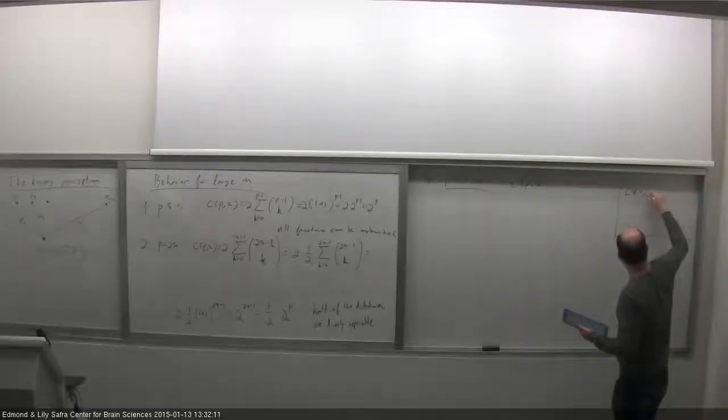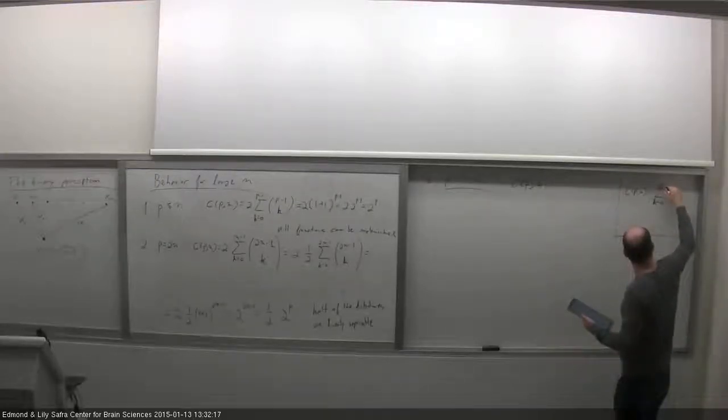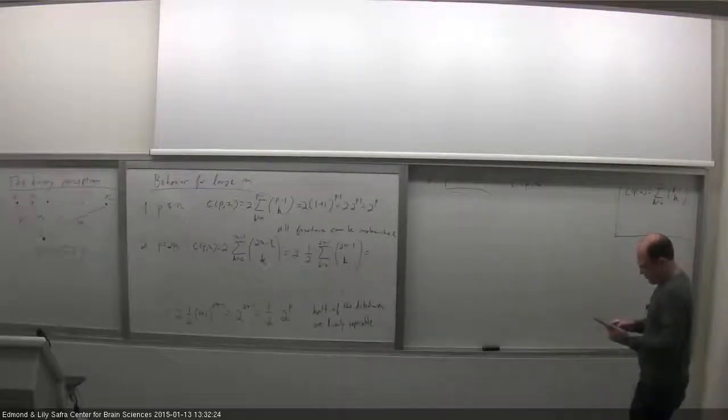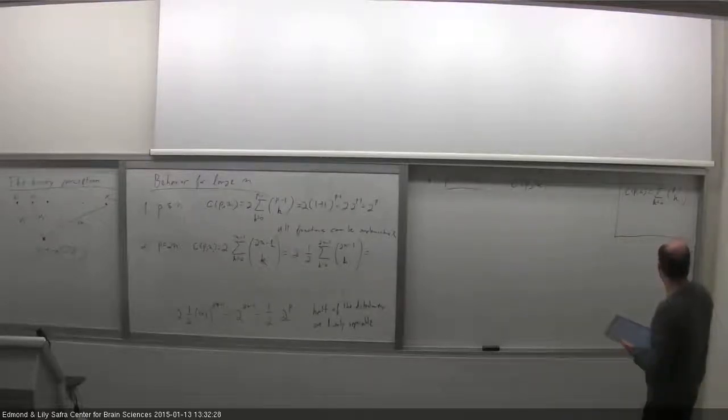C_p of n is equal to the sum over k going from 0 to n minus 1 of (p minus 1) over k, and there's a 2.